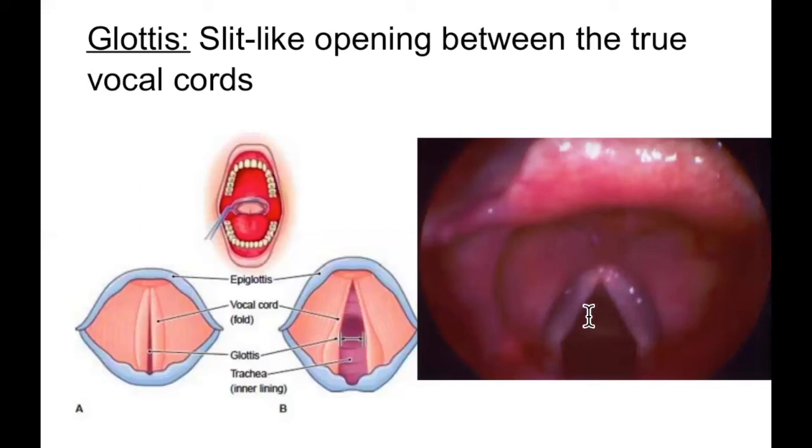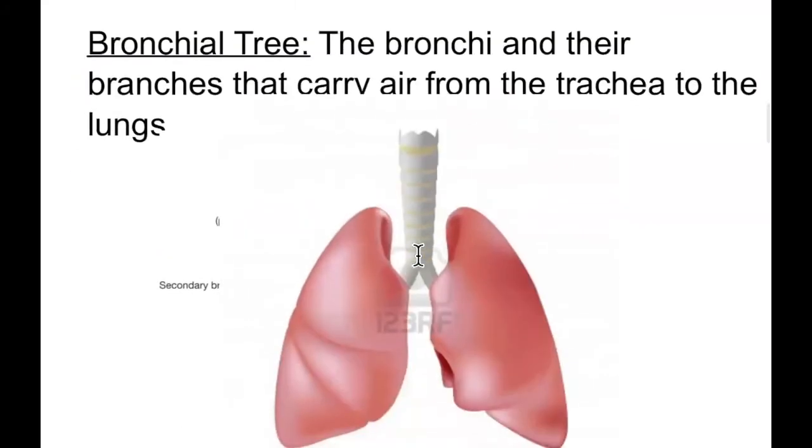So the opening itself is the glottis, in between the vocal cords. Once you go down that glottis, go through that opening, you are now in the trachea. The trachea is part of the bronchial tree. This is the bronchi, or the branches of your lungs. The bronchi and their branches carry air from the trachea to the lungs.